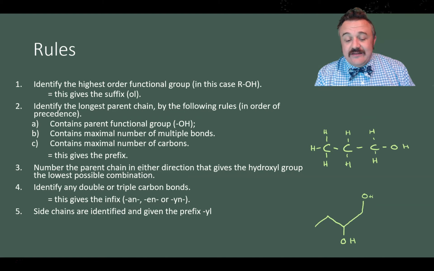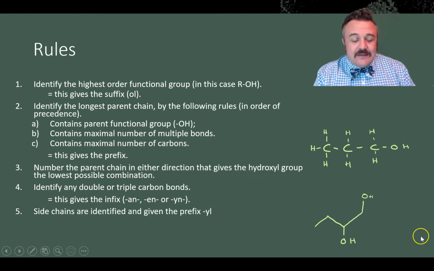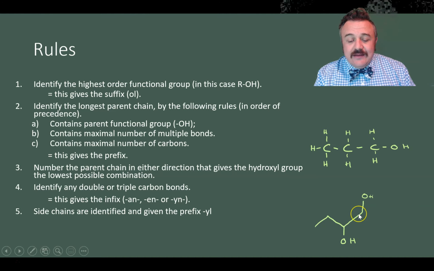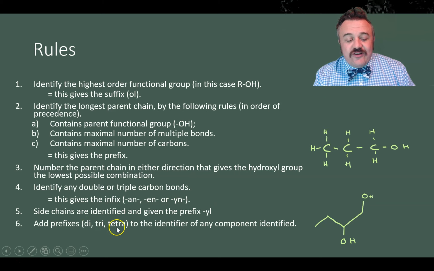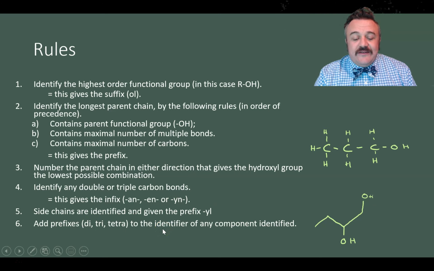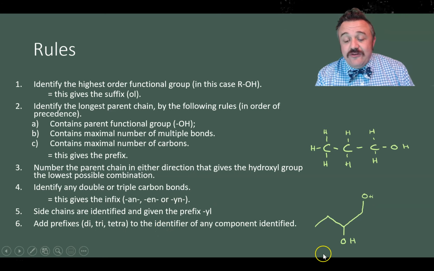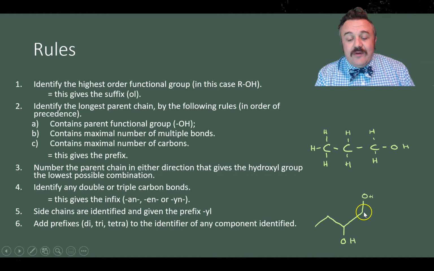Identify any side chains, give them the yl at the end. This one here, oh, actually, hang on a second. Add prefixes di, tri, and tetra to the identifier of any components. Here we have 2 hydroxyl groups. So it would be 1, 2, because we want to give it the lowest number possible. So it's but.